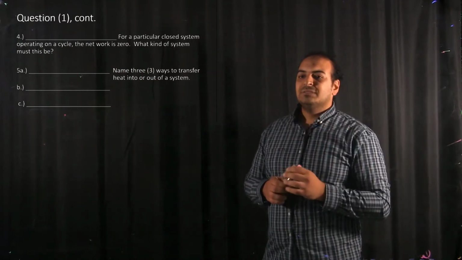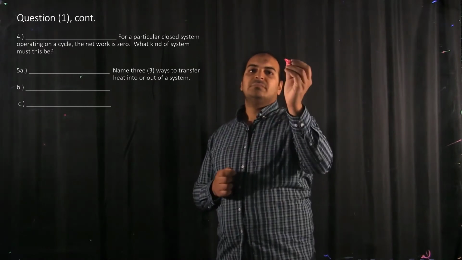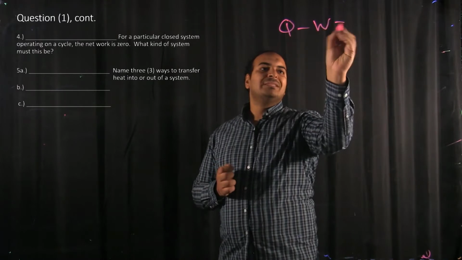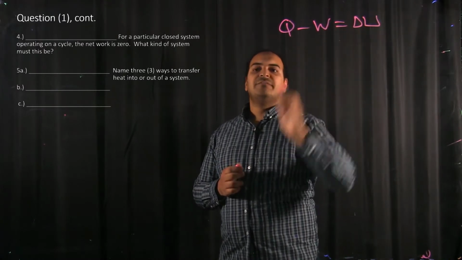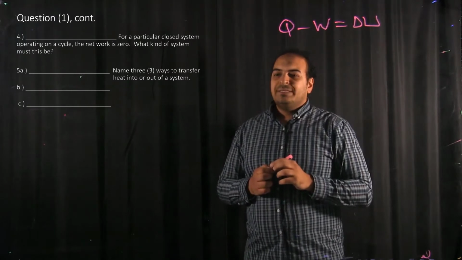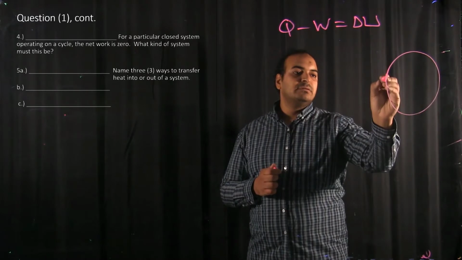For a particular closed system, there is no mass flow rate and just Q minus W equals delta U. This is the first law of thermodynamics for a closed system. It is operating on a cycle. It started from here, ended here.